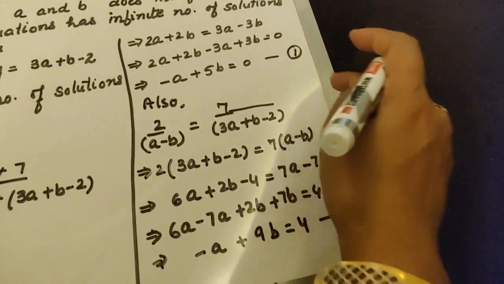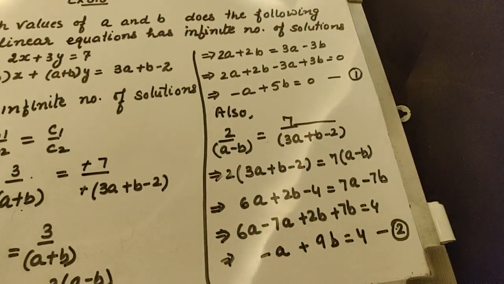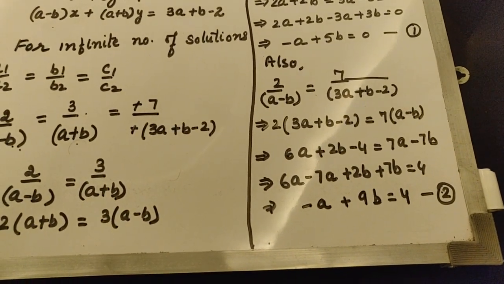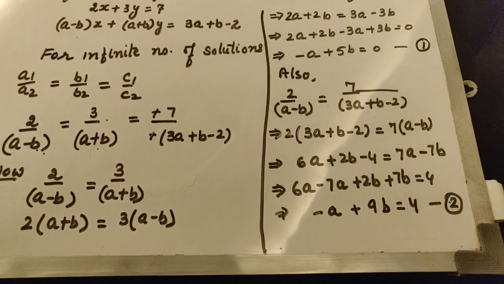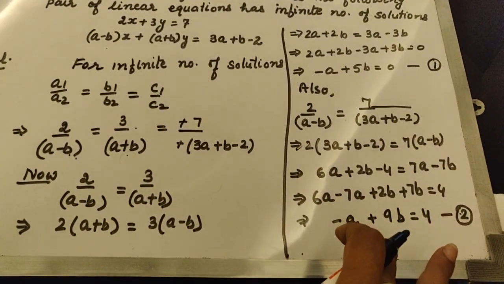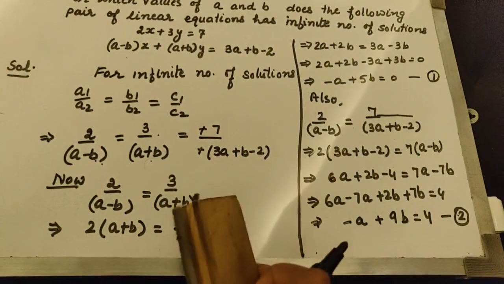You have got two equations. Now you know how to solve these two equations to get the values of A and B. Any method you can use. You can use elimination method, substitution method, any method. Cross multiplication method is not in your course this year. Okay, so let us see what answer we get.